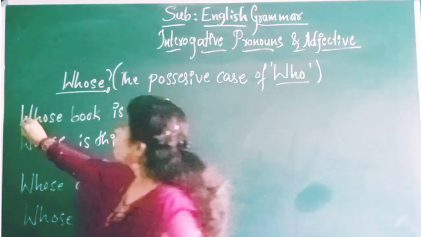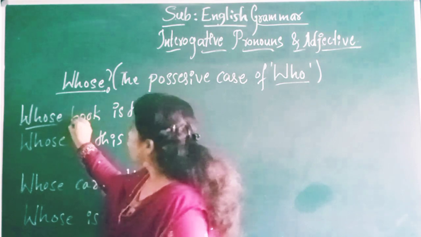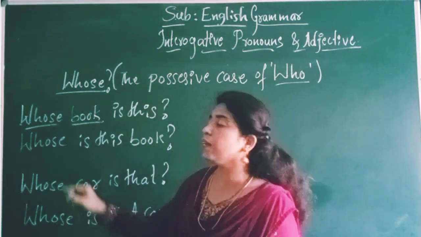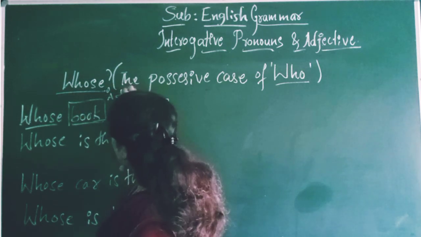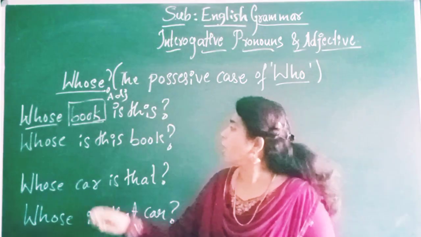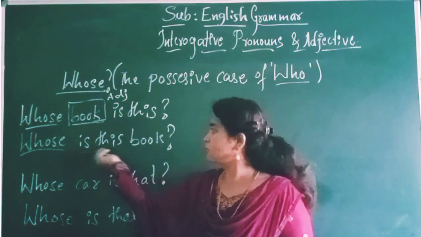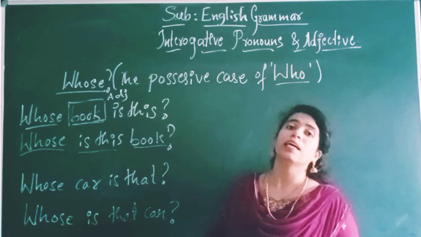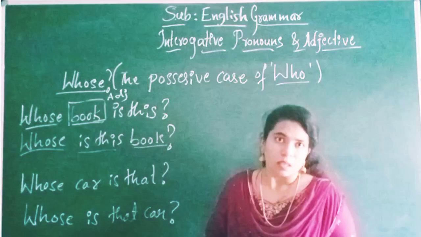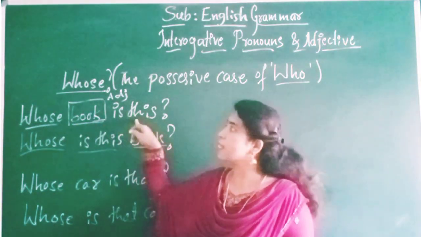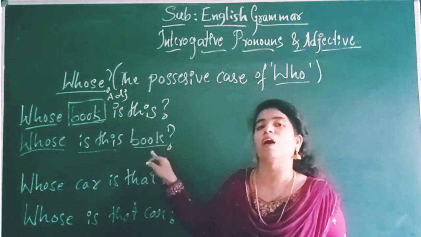As usual, when a noun comes after an interrogative word, it is an adjective. And when there is a gap after the interrogative word and then lastly a noun, it is a pronoun. We are talking about this particular book. Whose book is this is adjective. Whose is this book is pronoun.